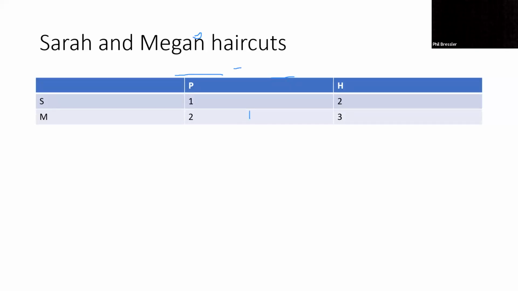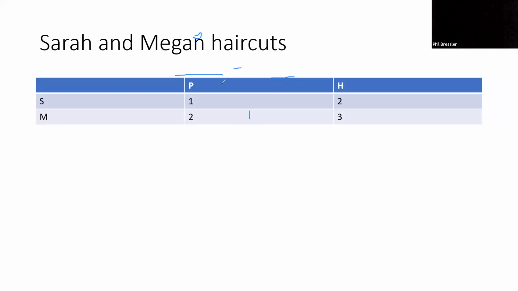Now, who has the comparative advantage for perms? Who has the comparative advantage for perms? I'm getting Megan. I got a Sarah. I'm getting another Megan. All right. Let's do it, just to make sure.